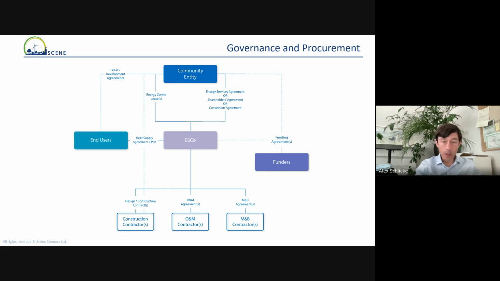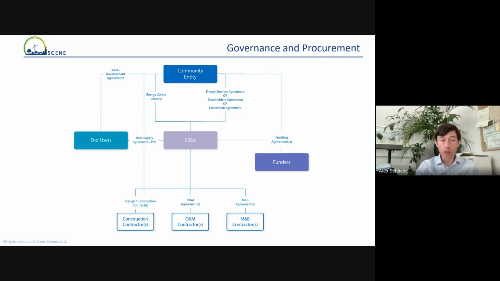And then at the bottom, we've identified the potential contractors that you might have. That's not all of the contractual relationships you might enter into, but they might be the main ones at the operational phase of a project.